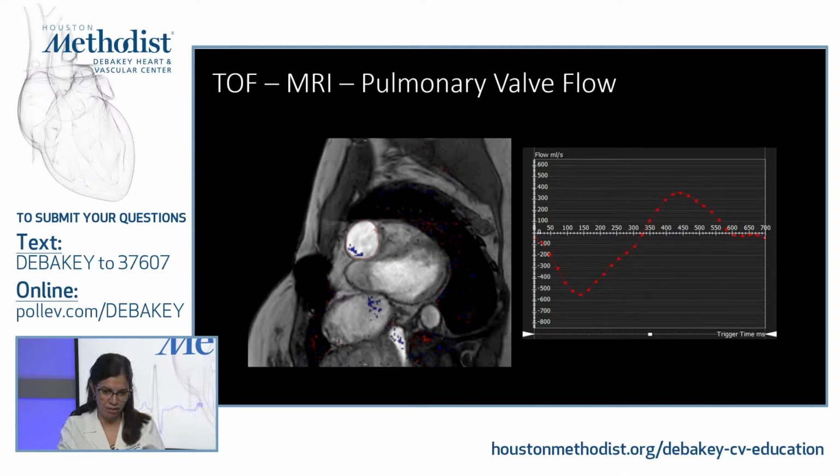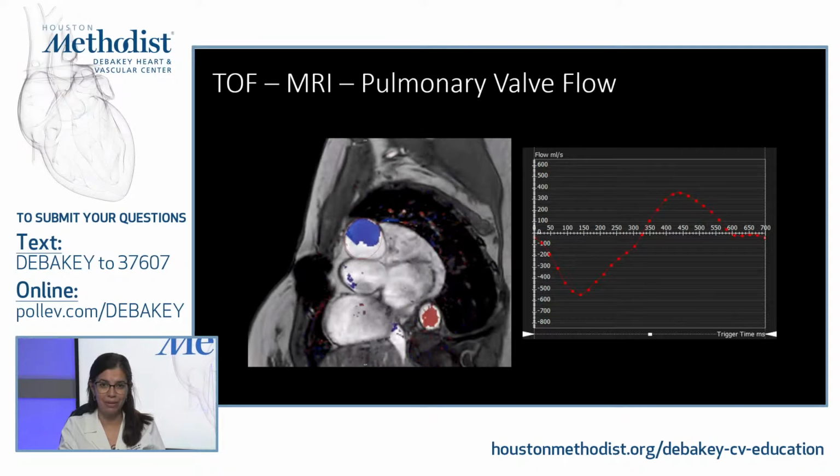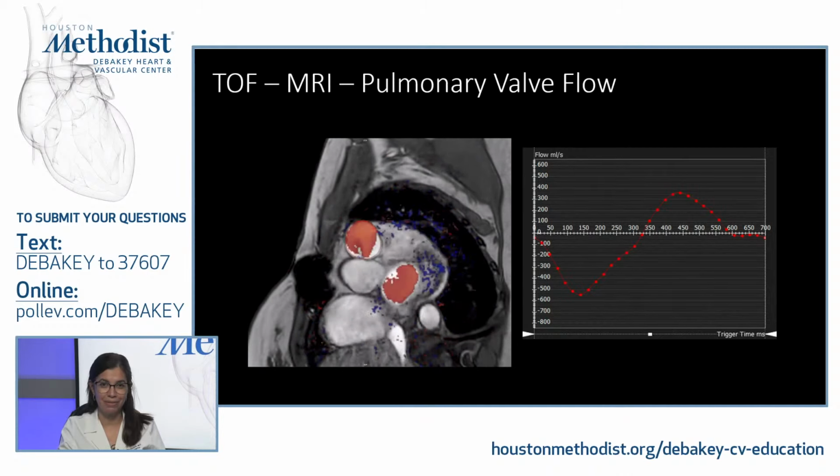These are our flow images. You can see how we define an area of interest around the pulmonary valve annulus, and that provides us with the measurement of the flow that goes across, forward and backward, that helps us calculate the regurgitant volume and the regurgitant fraction, that in this particular case was significant.